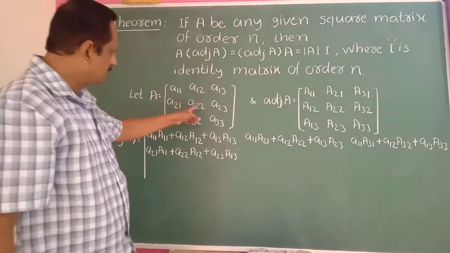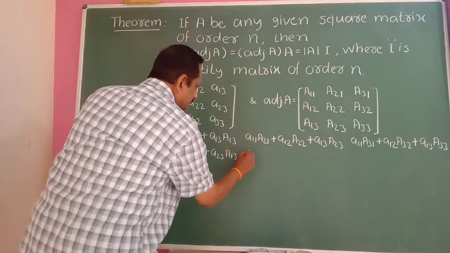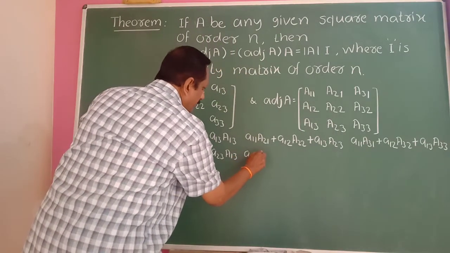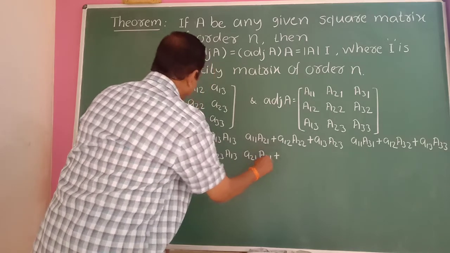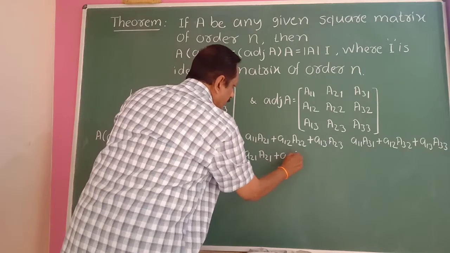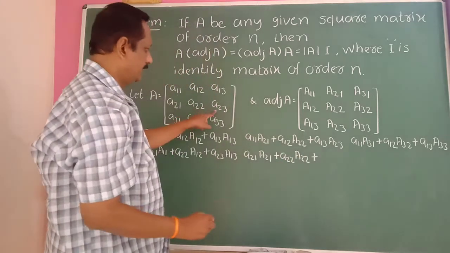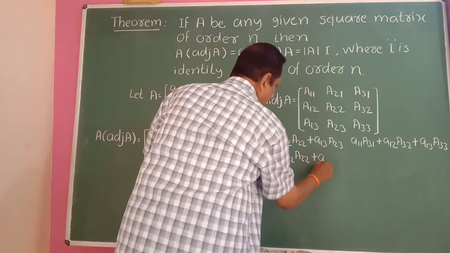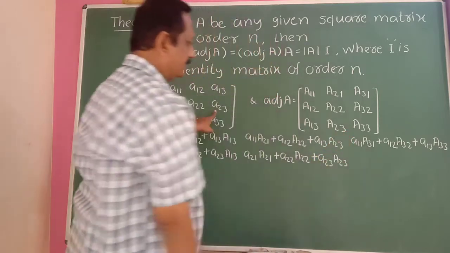Then multiply this row with the second column: A21 into capital A21 plus A22 into capital A22 plus A23 into capital A23.